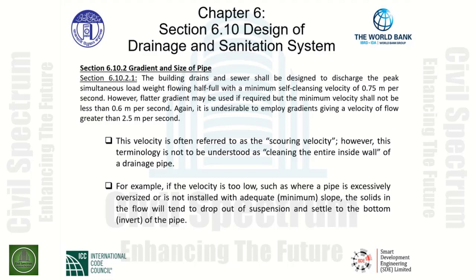So the engineer must properly design and analyze all parts of the system for good flow and velocity to convey the contents adequately and safely to other parts of the drainage system.